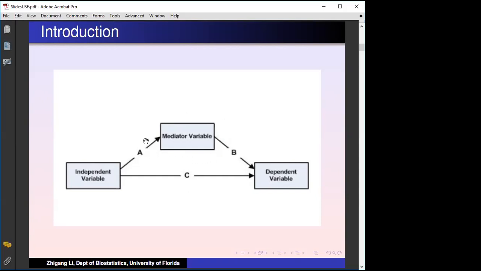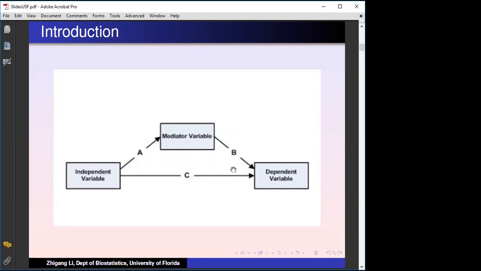As you can see, if you want to estimate the mediation effect, it's a little bit more complicated than a simple regression, because with a simple regression you only estimate the direct effect, from one variable to another variable. But the indirect effect involves two effects, two associations.